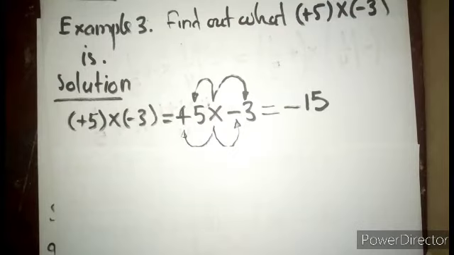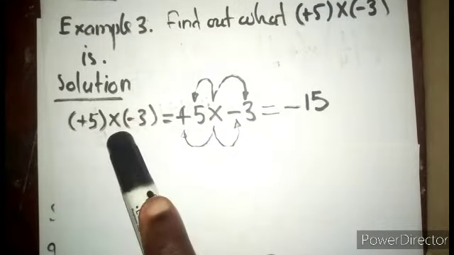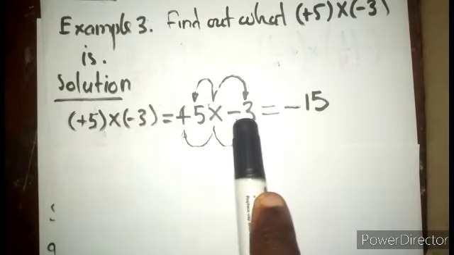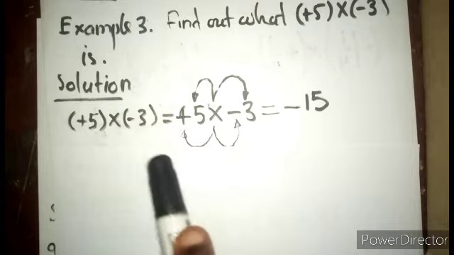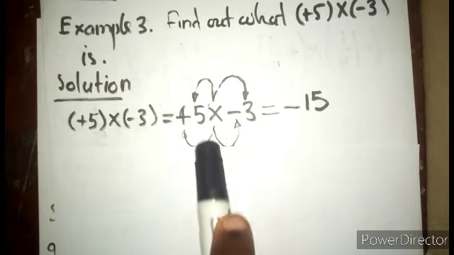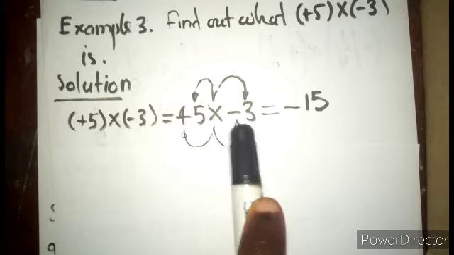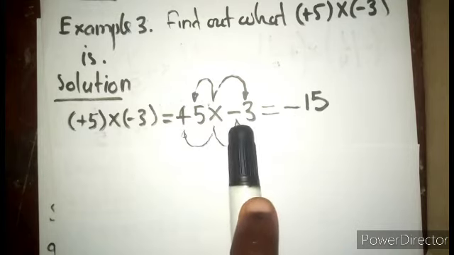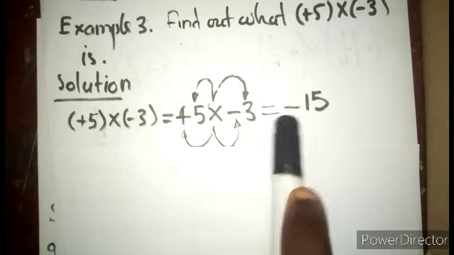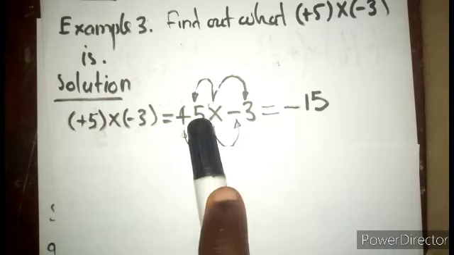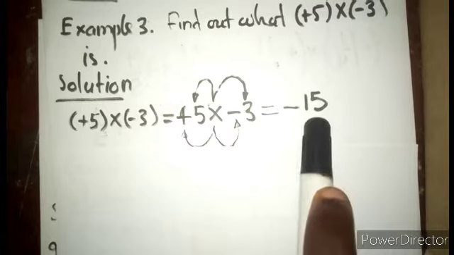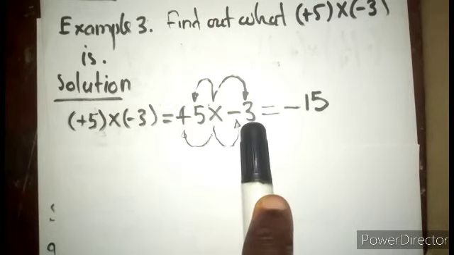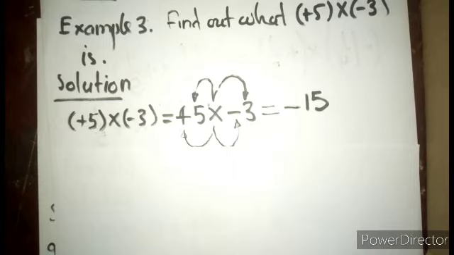Of course, positive 5 times negative 3 is equal to positive 5 times negative 3, removing the brackets, plus times minus is minus, and 5 times 3 is 15. So positive 5 times negative 3 is negative 15.